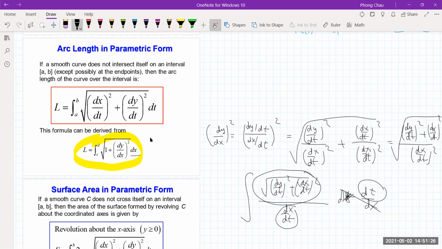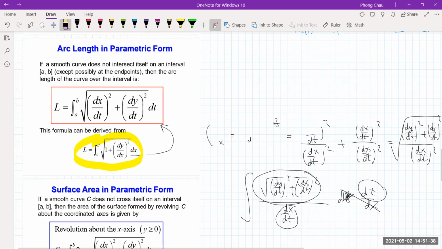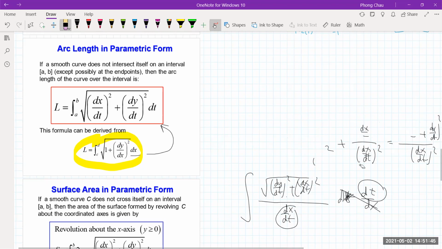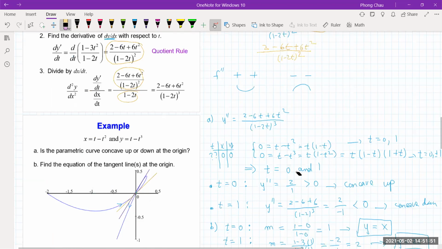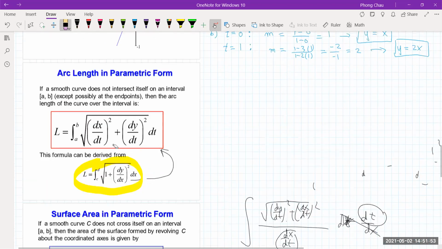Okay, so basically, I'm plugging the derivative in parametric form. We derive this formula, and from now on, when we need to find the arc length of a curve, I can use this alternative form or variation of the arc length formula.